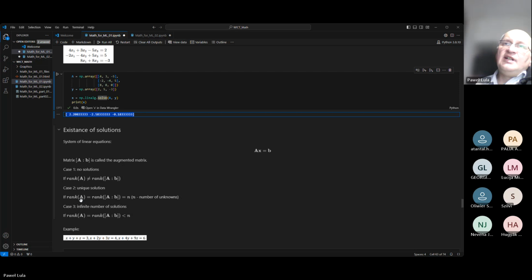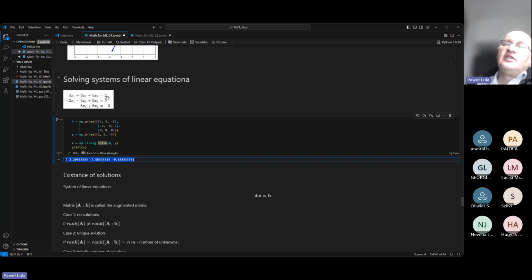If the ranks of these two matrices are equal to each other, and these ranks are equal to n, where n is the number of unknown parameters, variables, then we have only one solution, a unique solution.